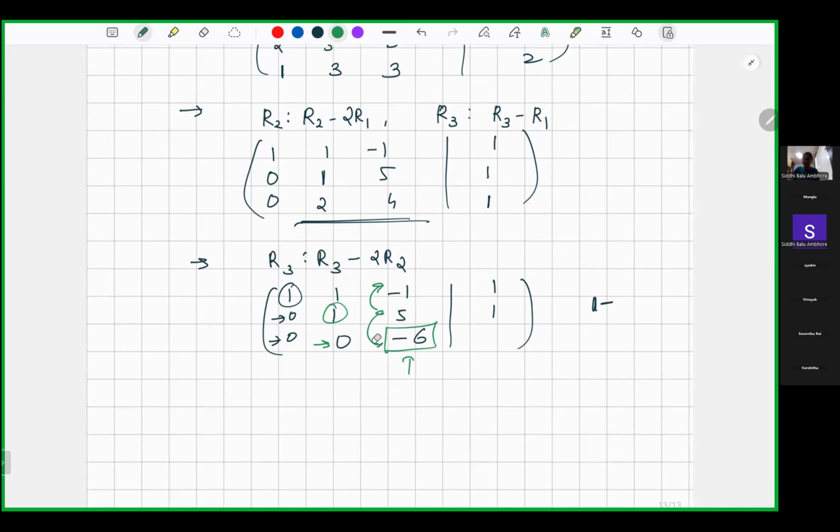Because once we use R1 to make this entry 0, then again this 1 will give me some non-zero term here. And we don't want that because we already made some effort to make this 0. So whatever is here, we will get some star here.